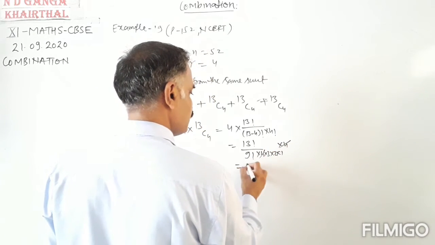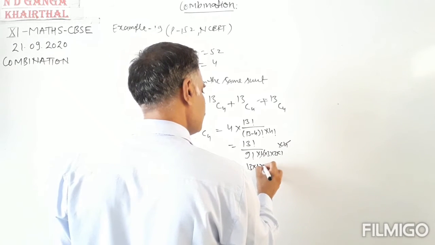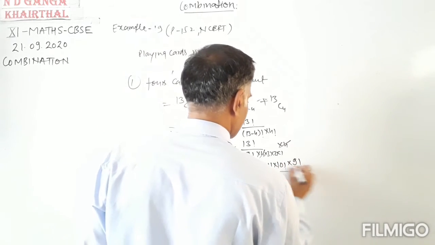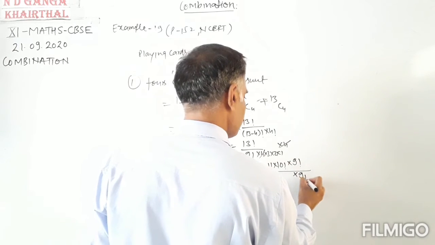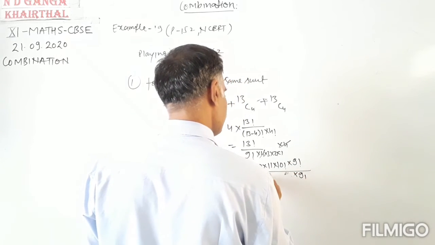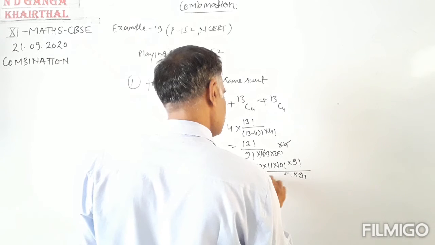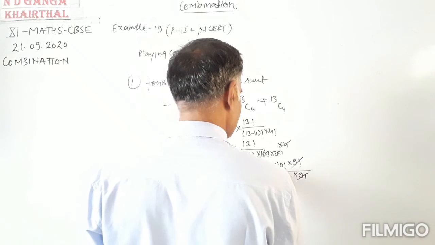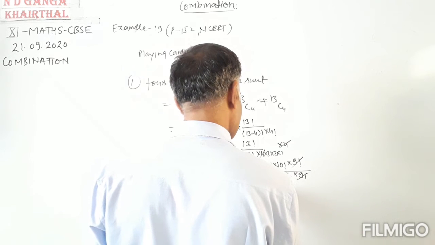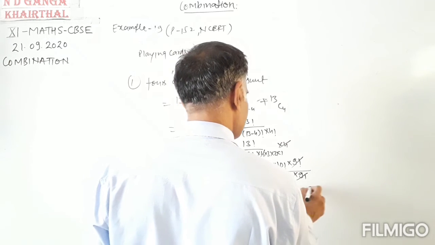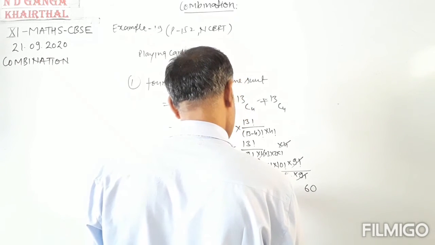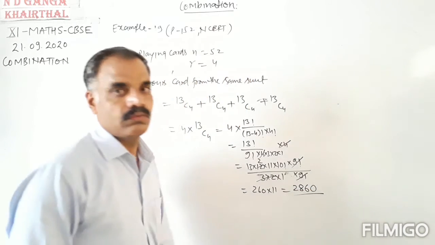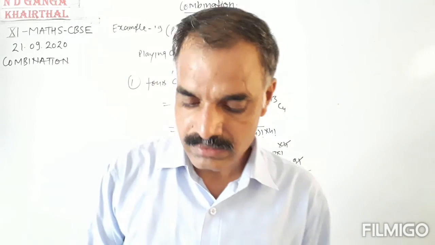The 4 will cancel 4. 13 into 12 into 11 into 10 into 9 factorial upon 9 factorial into 4 into 3 into 2 into 1. 9 factorial will cancel 9 factorial. 13 into 12 into 11 into 10 upon 6, that is 260 into 11 equals 2860. So 2860 is the answer.